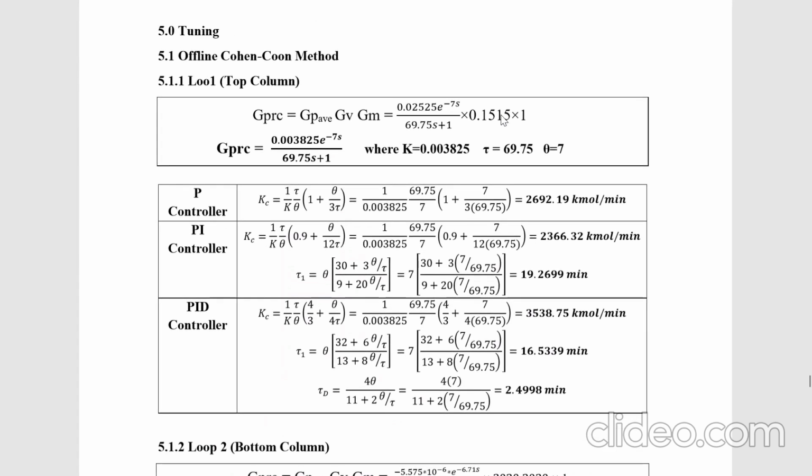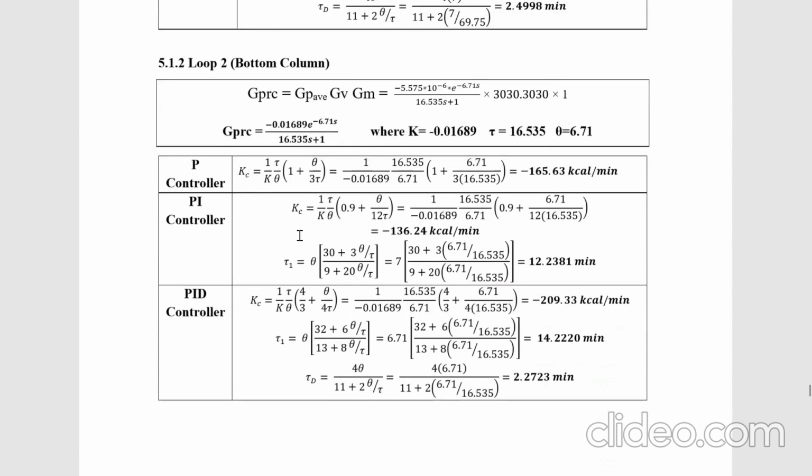For the offline Cohen-Coon method, the values are calculated using equations from FOPDT. The Kc, tau I, and tau D for P, PI, and PID controllers are calculated using the presented equations for both the top and the bottom column.